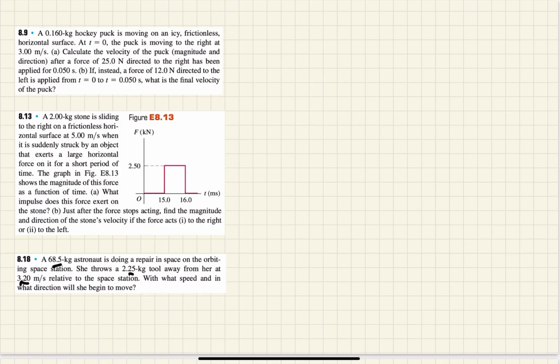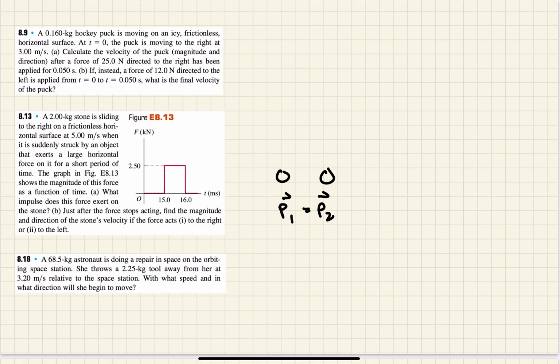And in this case, we know the two masses and one of the velocities, and so we can figure out the other velocity very easily with a simple conservation of momentum. P1 is equal to P2. Now P1 is going to be 0 because they both are just at rest in space. And so P2 also has to be 0. Now, how does that work if one of them has a velocity?